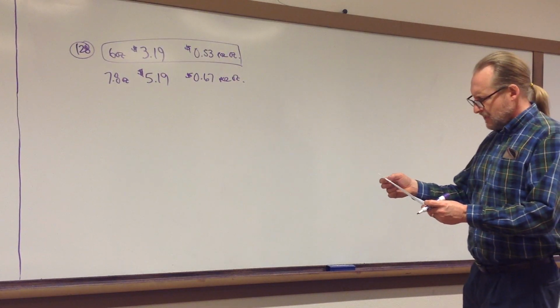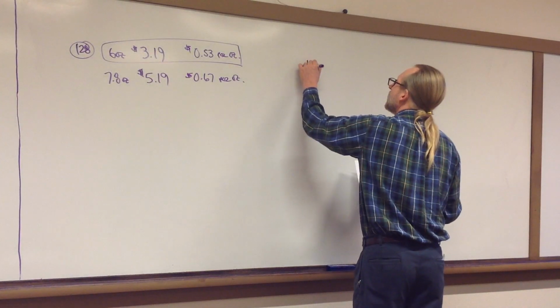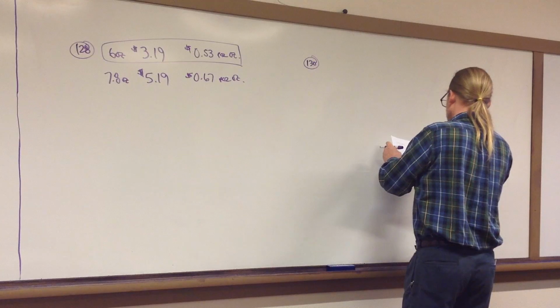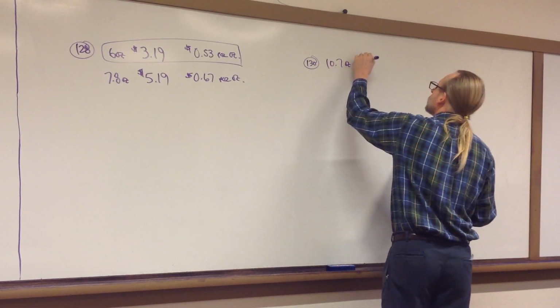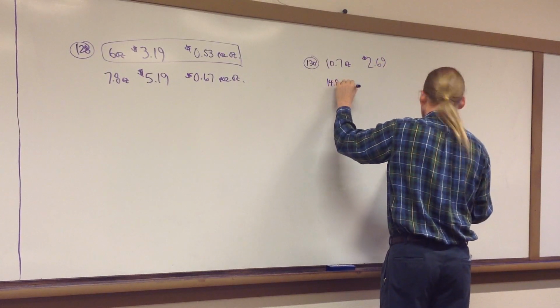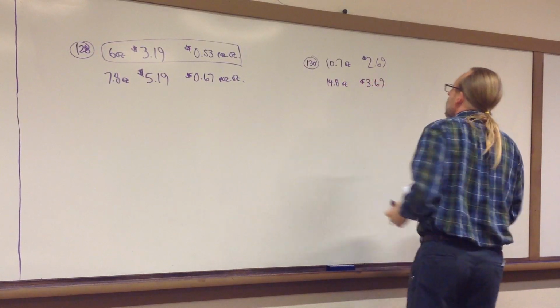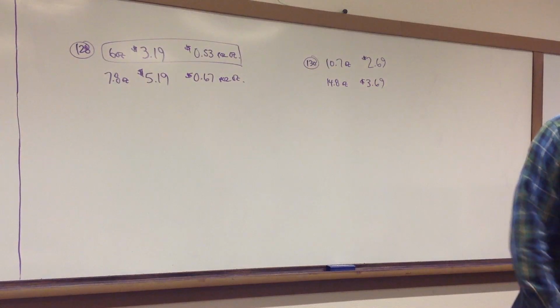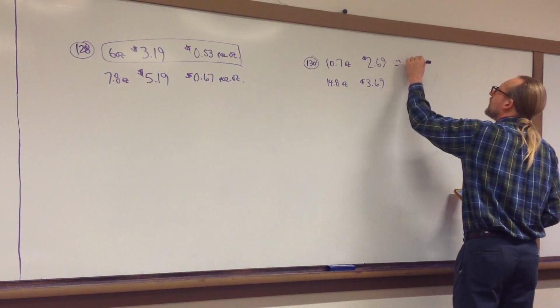All right, let's see here. Problem 130. We've got breakfast cereal, 10.7 ounces for $2.69, or 14.8 ounces for $3.69. Okay, so let's go ahead and divide 2.69 divided by 10.7, about 25 cents per ounce.